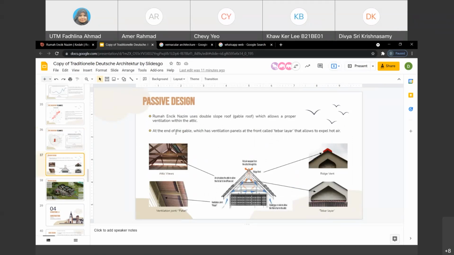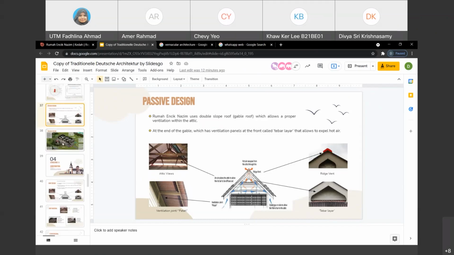The figure shows the ventilation joint, also called pata, as the inlet from both sides of the house coming through the attic, then expelling the hot air through the ridge vent and gable. As we all know, hot air is lighter than cool air, so that is how they expel the hot air.